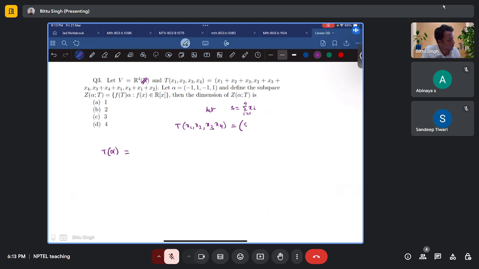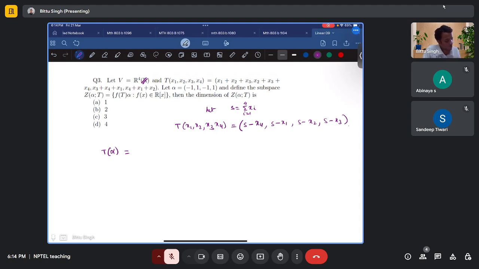Okay, so the first one is s minus x4, then s minus x1, s minus x2, and s minus x3. So this is the transformation.